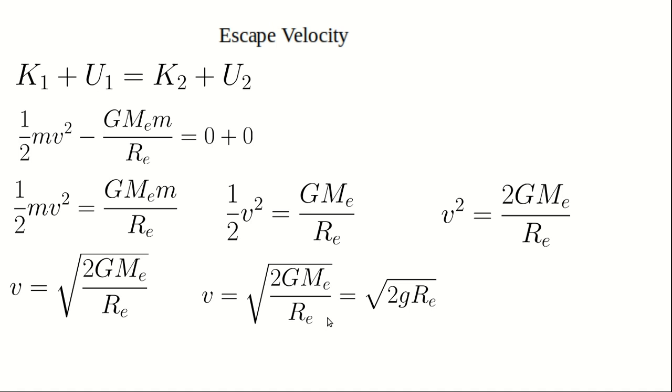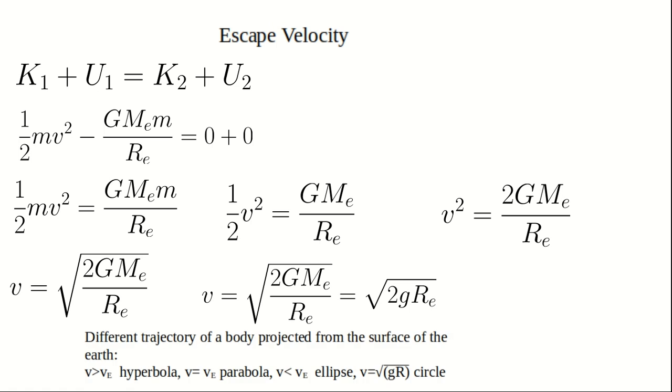So let's consider some of the trajectories followed by certain satellites. Now, different trajectories of a body projected from the surface of the Earth can take this value v. Once your v is greater than the escape velocity, where e represents escape velocity, then it becomes a hyperbola.